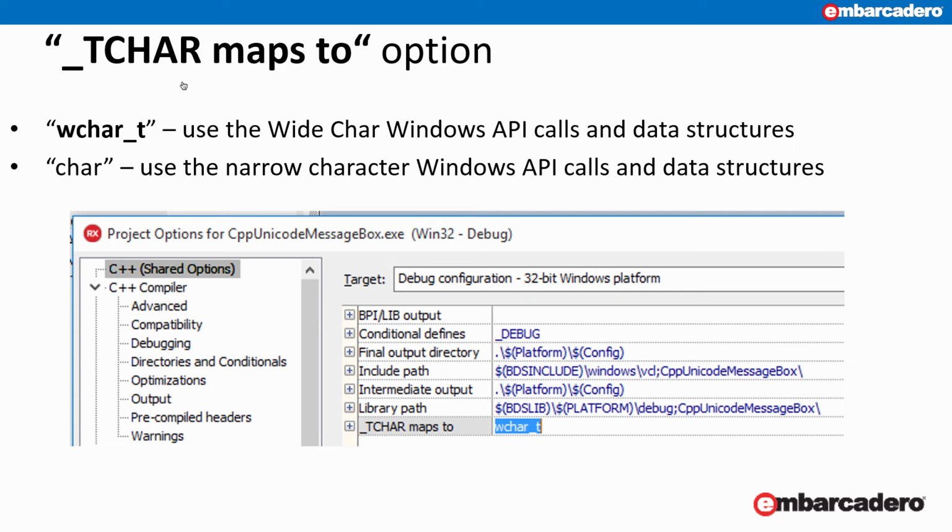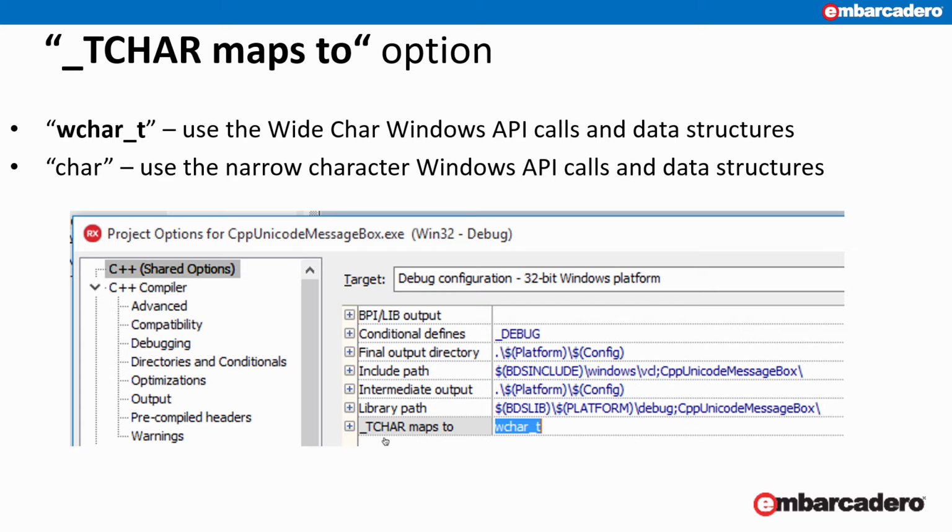Let's spend some time on this _TCHAR maps to option in C++ Builder. In the C++ Builder IDE, this _TCHAR maps to option controls the floating definition of _TCHAR. So you have two choices.